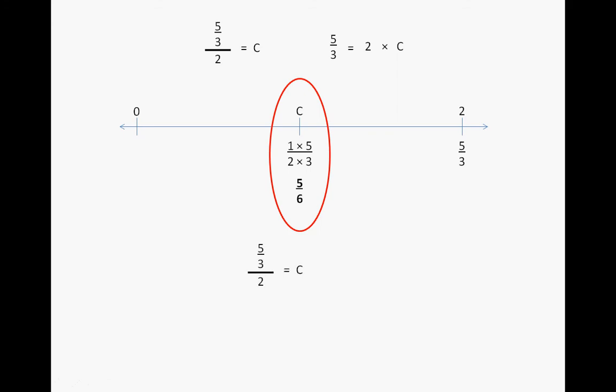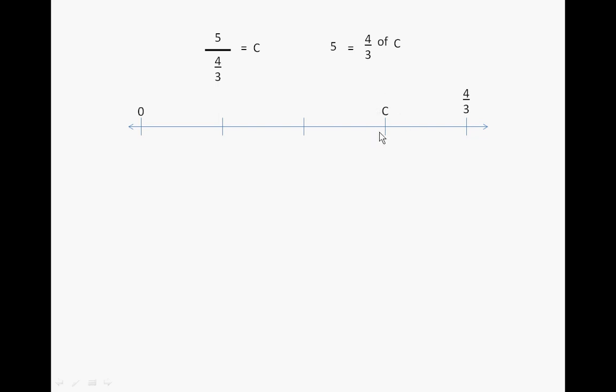In our proof again, 5/3 divided by 2, we're not going to replace the c this time. You should know that it equals 1/2 times 5/3. So now again, when you do the work to prove this, 2/1 cancels out with 1/2, and we're left with 5/3.